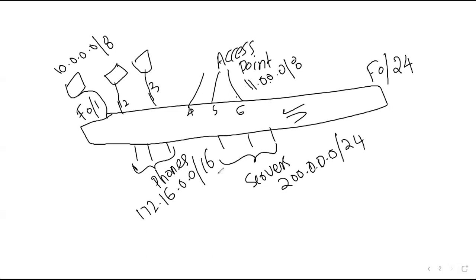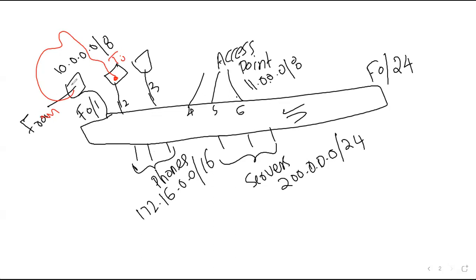If I connect all of them into a single switch, when the 10 network starts communicating, say this computer is sending its traffic to that system. This is the source and the other is the destination.